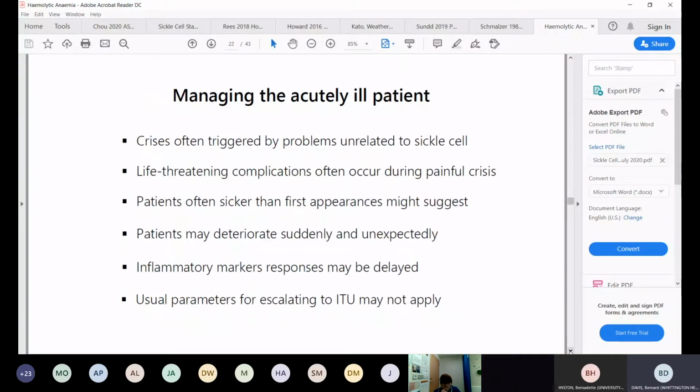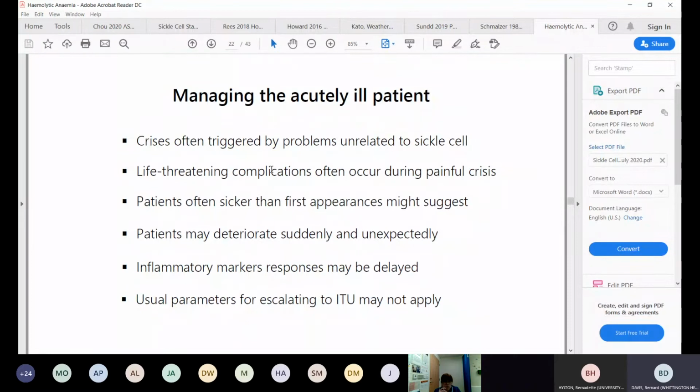Now, just a few principles in the care of the acutely ill patients. Number one, vaso-occlusive crises are usually precipitated by problems that are unrelated to sickle cell. So it doesn't matter where they start off, nearly always they end up sickling. Also very important, the painful crisis is, if you like, the gateway to life-threatening complications.